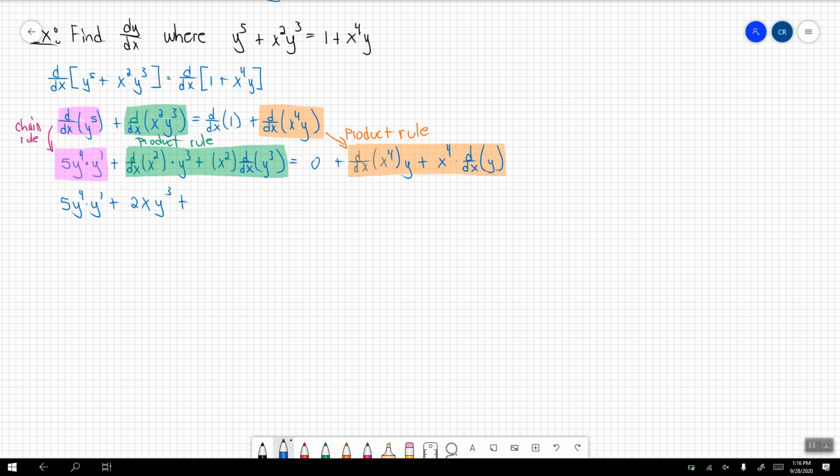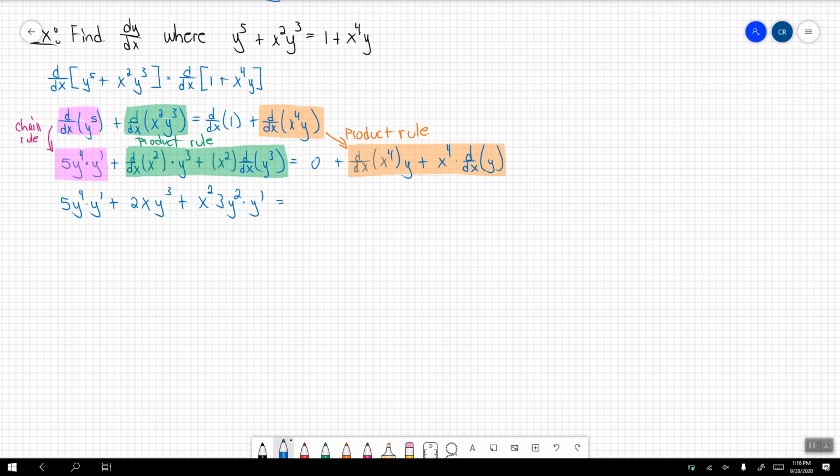The third term, we can simplify. We're going to be left with x squared multiplied by, let's apply the power rule, 3y squared multiplied by y prime, because of the chain rule, is equal to, well, that's 0, so that doesn't do anything.